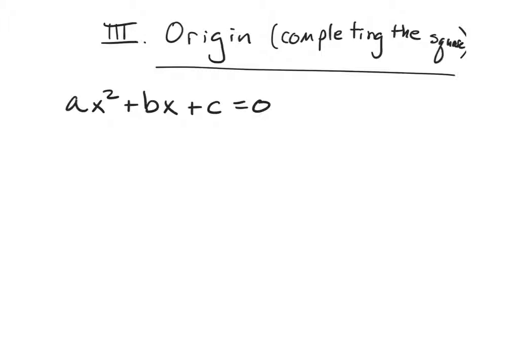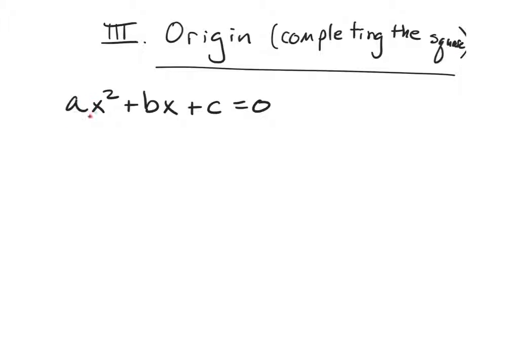So this last piece is the connection to the other technique that we've seen called completing the square that works for anything. So the origin of the quadratic formula actually starts out with an equation in standard form. So all of the stuff is on the left-hand side. We're equal to 0, so we can use the 0 property. And then we're just going to complete the square.